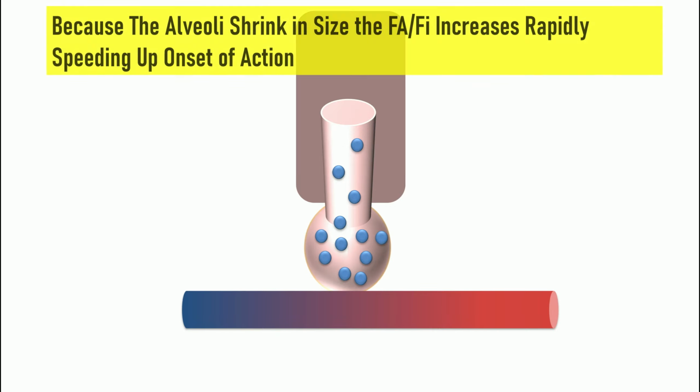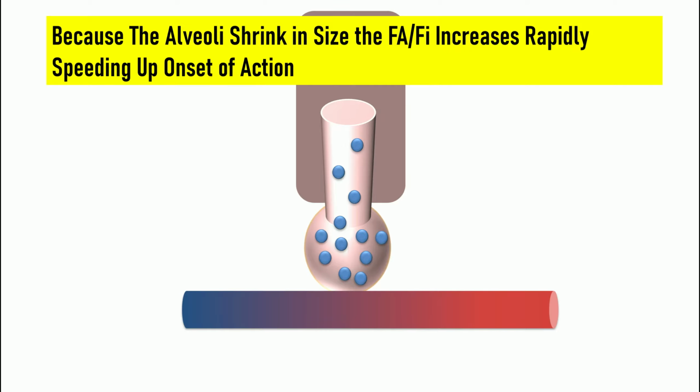That results in a higher partial pressure gradient between the alveolus and the blood, and there is a relative increase in the uptake of the agent into the blood as a consequence. As this corresponds to higher delivery of the agent, in this case nitrous oxide, to the brain, the onset of action, the FA/FI, is more rapid.